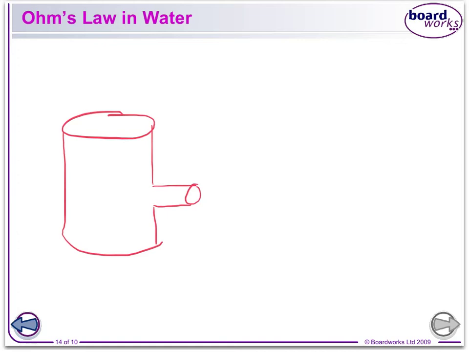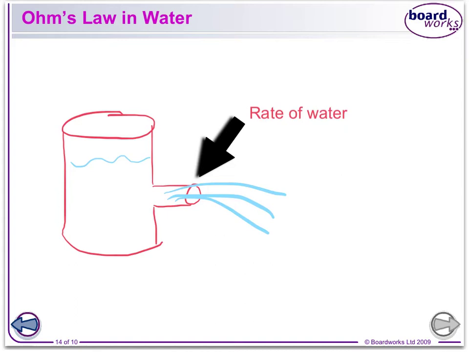We can think of these parts of Ohm's law as parts of this spigot. Because there's water in here, it's going to be flowing outwards. You can think about the rate of water coming out of the spigot as our current.